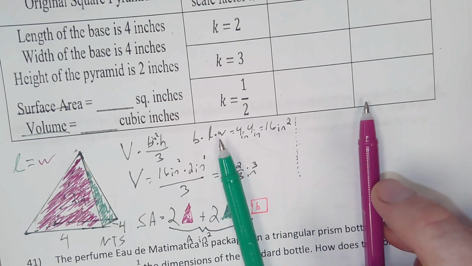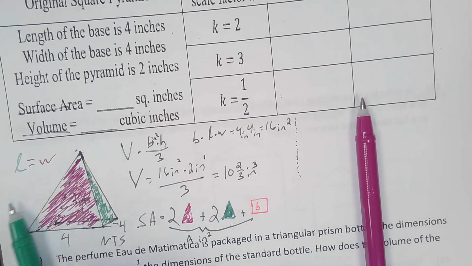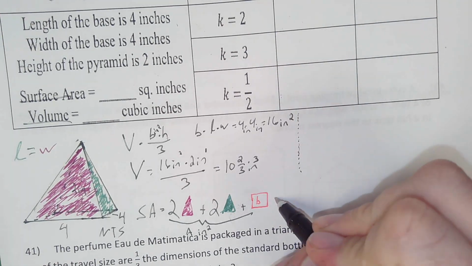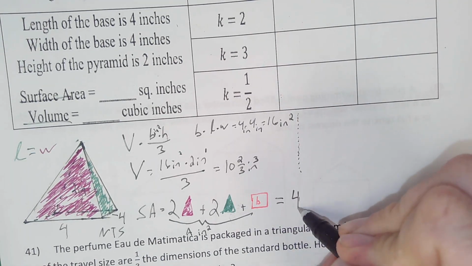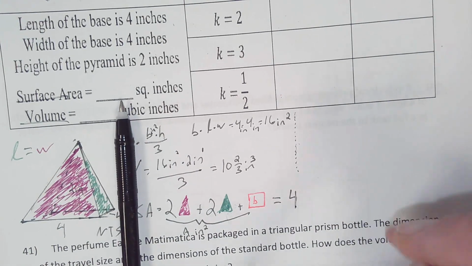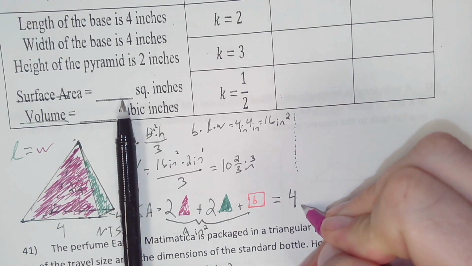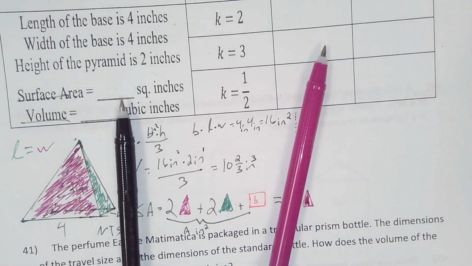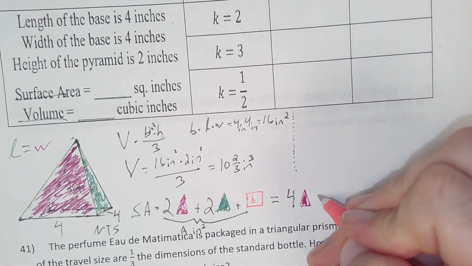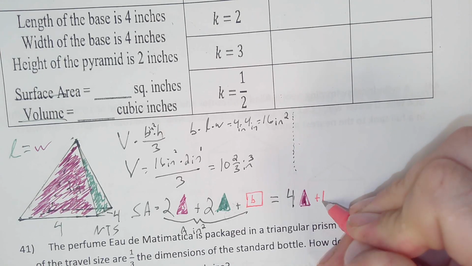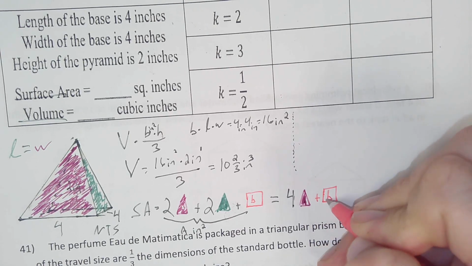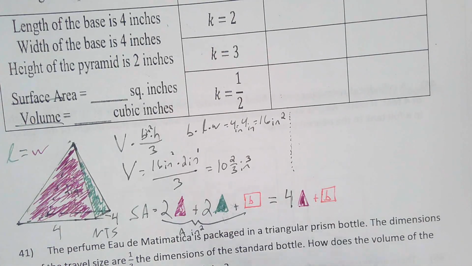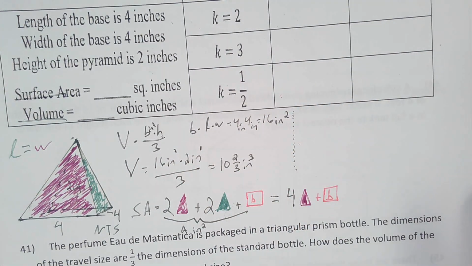So I can just consolidate this into 4 of these triangles plus a base, because these are the same.